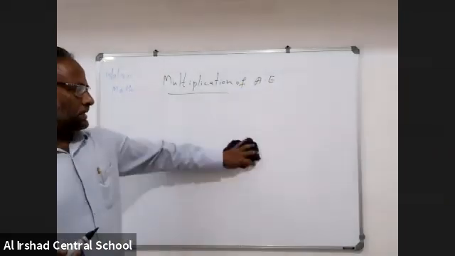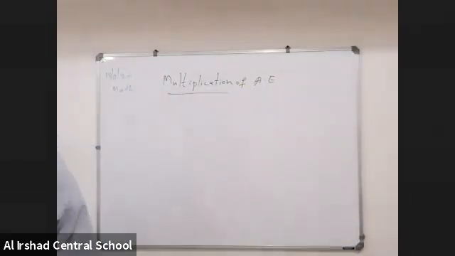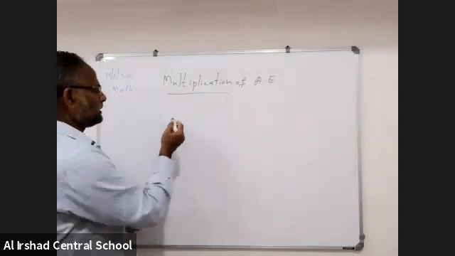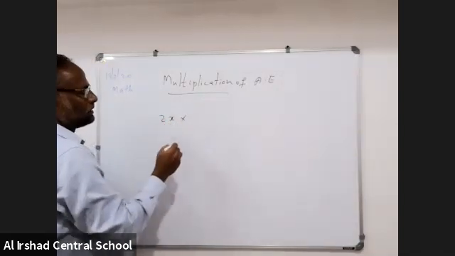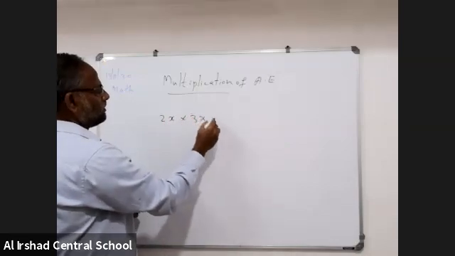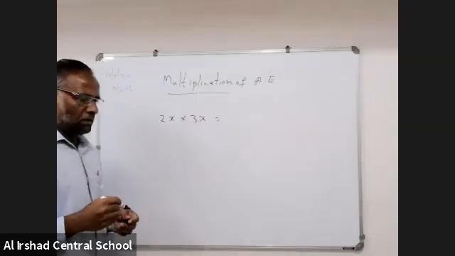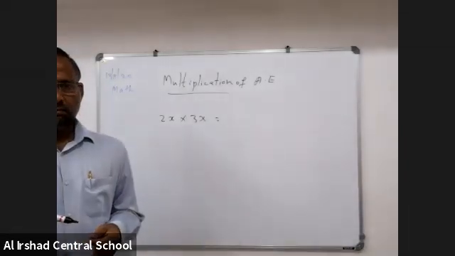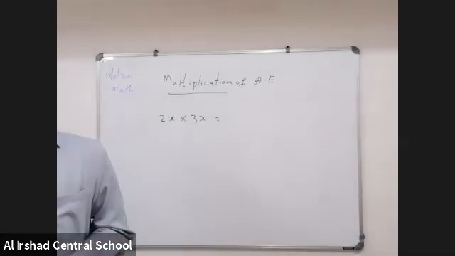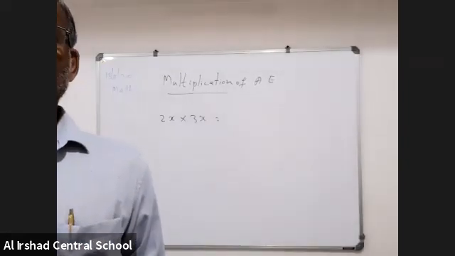You know multiplication? Let me repeat the addition. Here, for example, 2x into 3x. See, what is the answer for this one? Tell me. 2x into 3x. Tell me fast. 2x into 3x. 6x is wrong. 6x square.